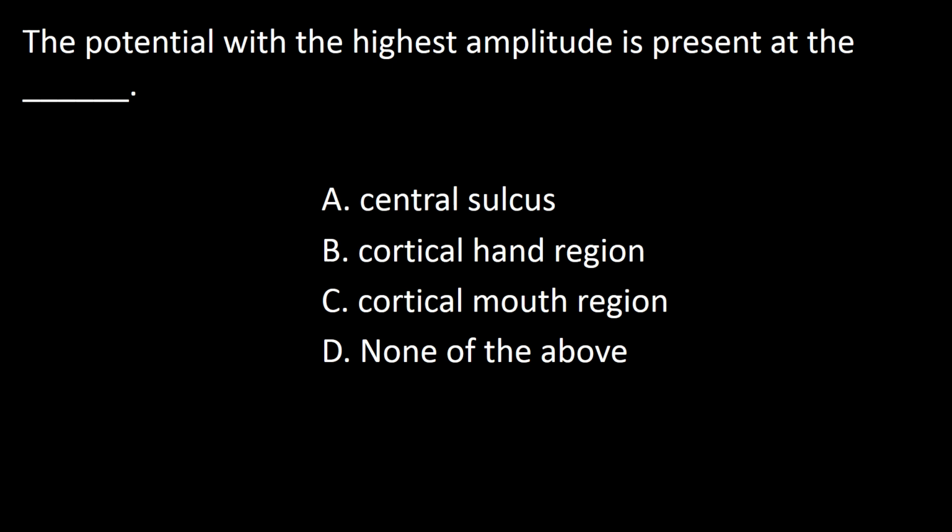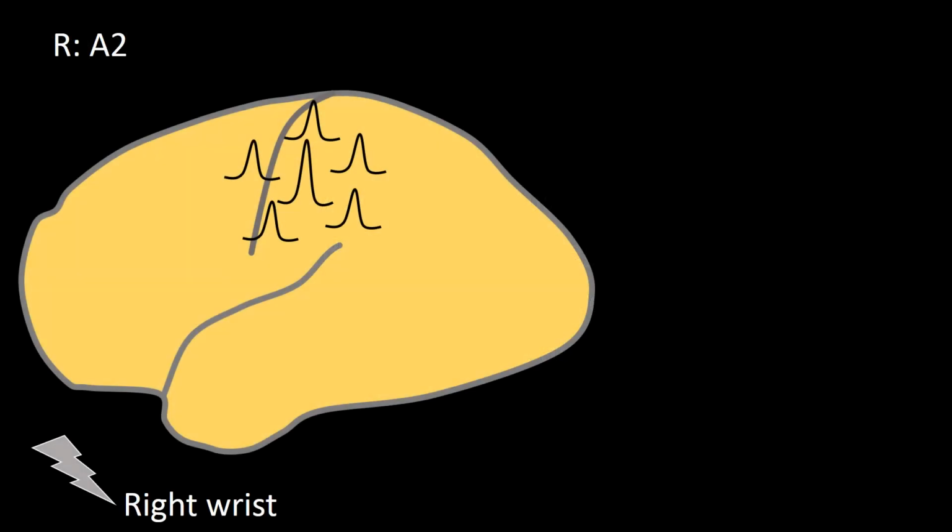Next question. The potential with the highest amplitude is present at A. Central sulcus, B. Cortical hand region, C. Cortical mouth region, D. None of the above. A clue to the location of the central sulcus is that the sensory hand region has the highest potential.